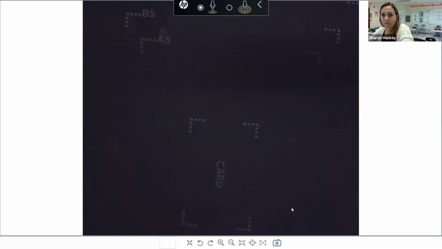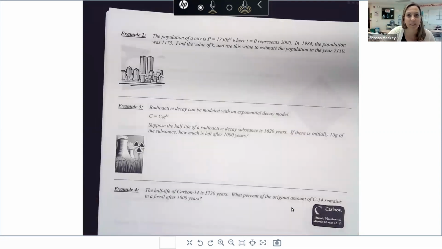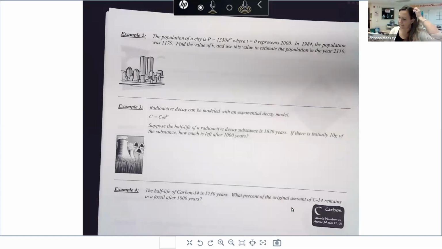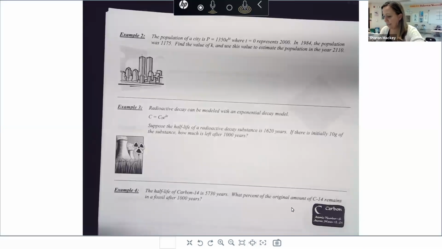All right, in example 2, we have the population of a city is P equals 1,350 e to the kt, where t equals 0 represents the year 2000. So it says in 1984, the population was 1175. Let's find the value of k and use this value to estimate the population in the year 2110.